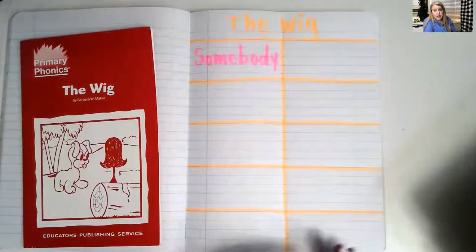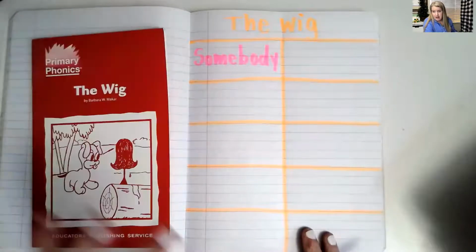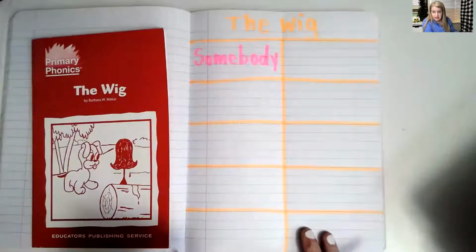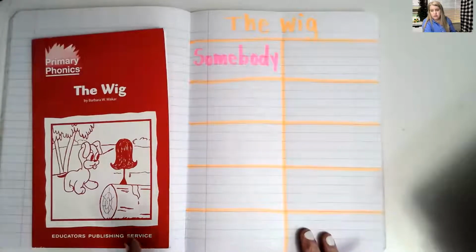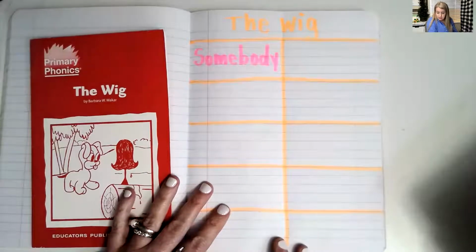And so you could actually use this summary frame from the perspective of all the different characters. Probably you could just try it out ahead of time. So just think about that. Like you could write it one time from one character and write it together as a class. And then you could turn around and have them write it, same story using another character, and see if they understood how to write the summary frame.